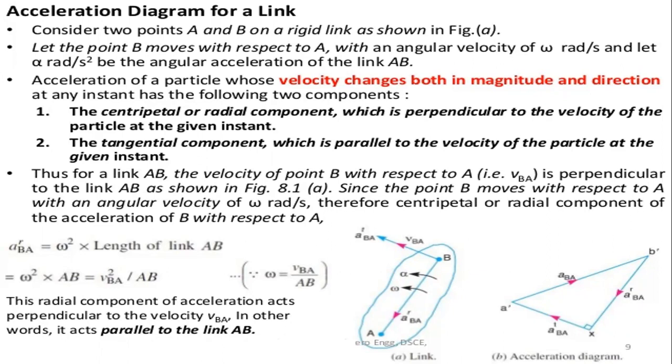The centripetal or radial component is always perpendicular to the velocity of the particle at any given instant, but the tangential component is always parallel to the velocity of the particle.